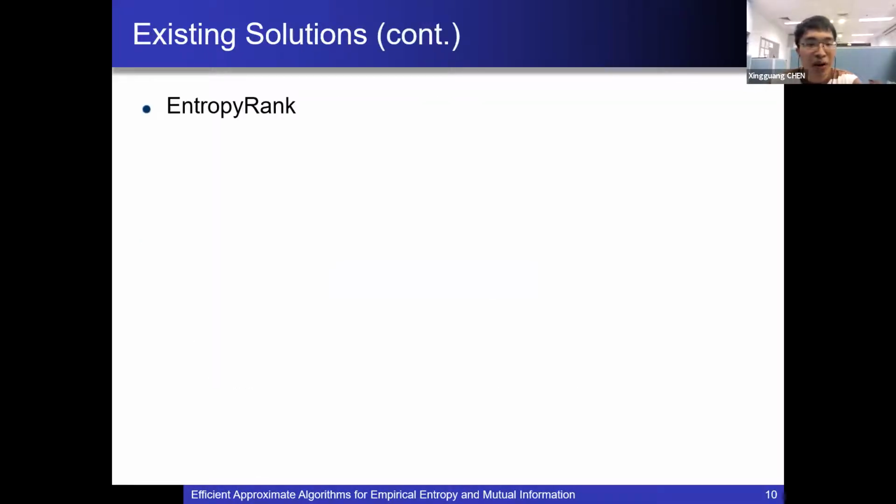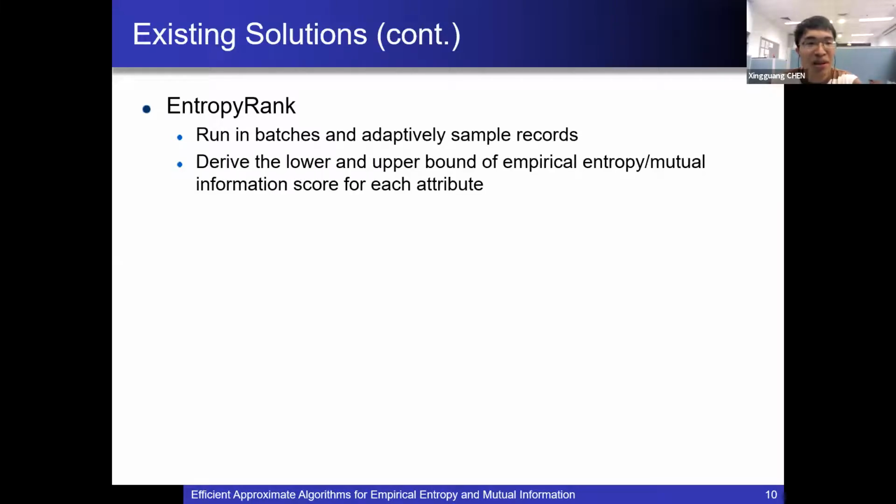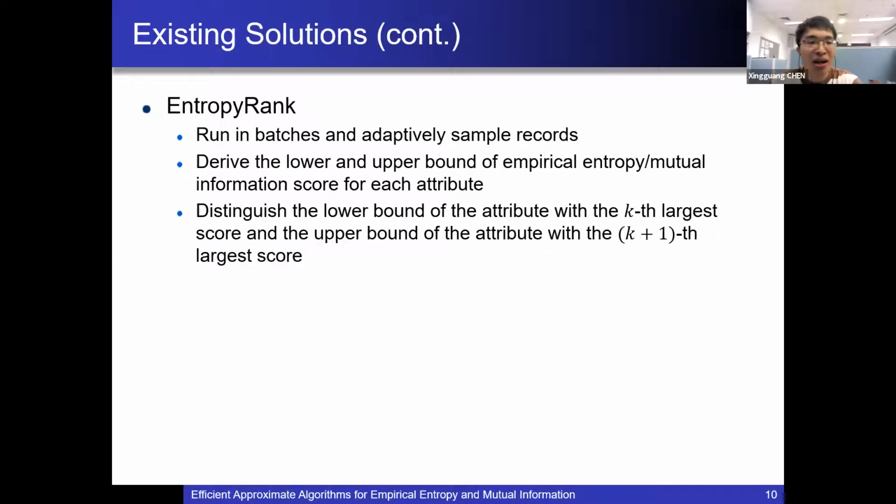For the top K query, their EntropyRank runs in batches and adaptively samples records. It derives lower and upper bounds of the empirical entropy or mutual information score for each attribute, and distinguishes the lower bound of the attribute with the k-th largest score and the upper bound of the attribute with the (k+1)-th largest score.